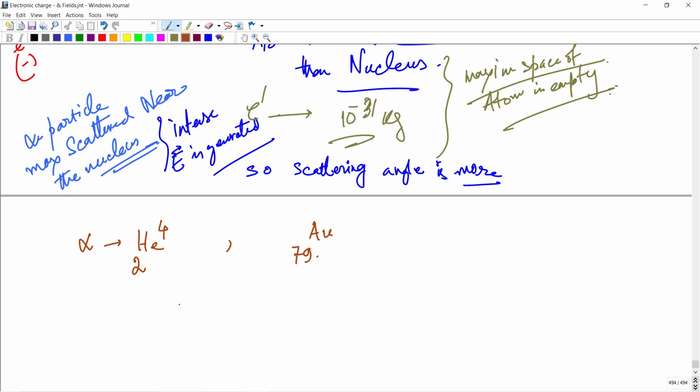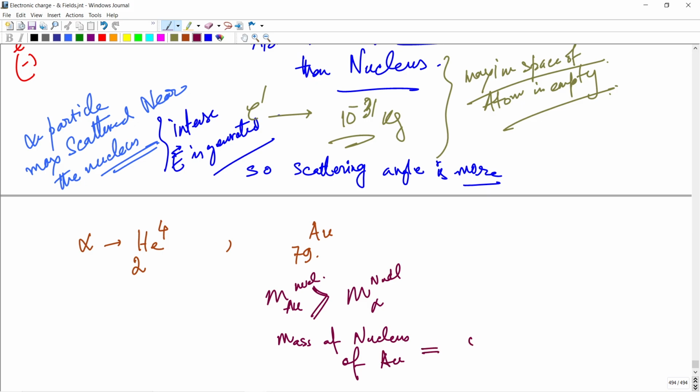The mass of the gold nucleus is obviously much greater than the mass of the alpha particle, suppose 50 times more.